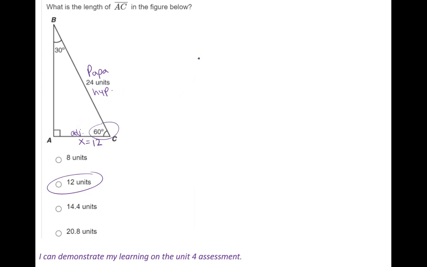So, borrowing from SOHCAHTOA, I grabbed adjacent and hypotenuse, so I could do cosine 60 degrees equals adjacent, which is X, over hypotenuse, which is 24. I could solve that equation, which would give me X equals 12, the same as using the 30, 60, 90. I just wanted to show there is an equation you could write. There's more than one you could do. You could do a different one with the 30 degrees, however you want to do it.